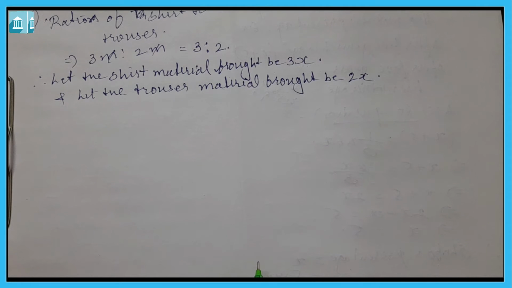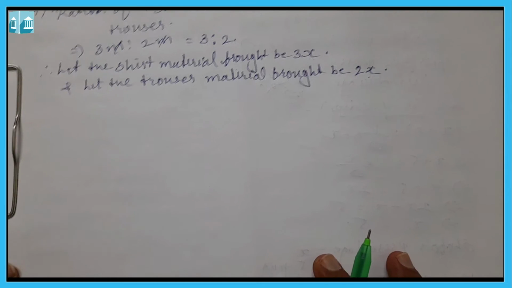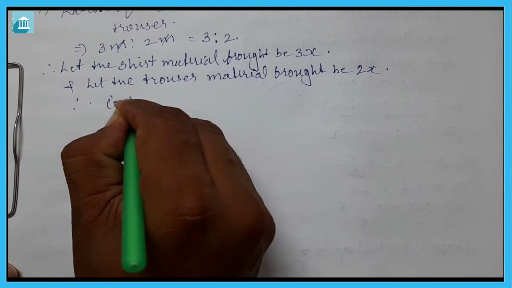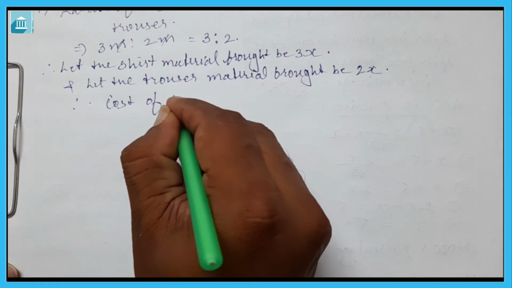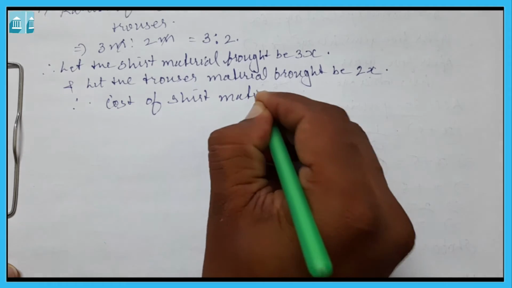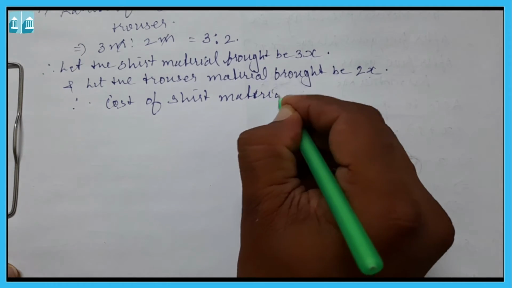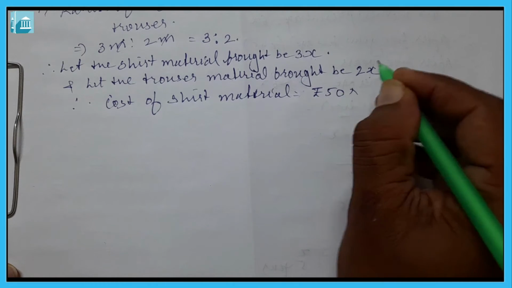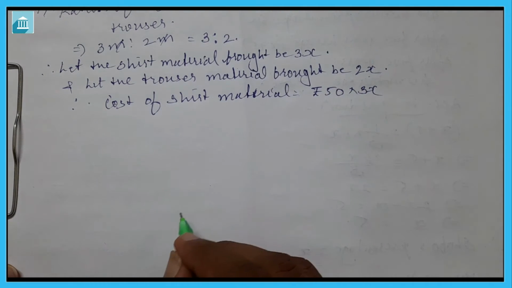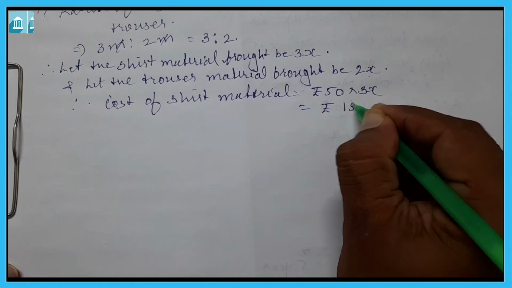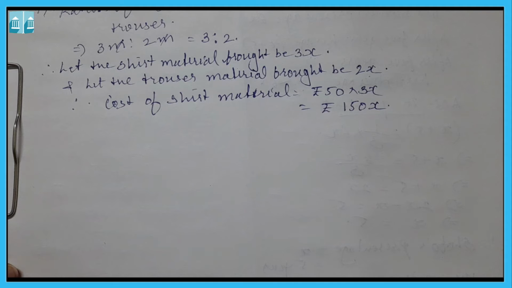Now it is given that the cost of shirt is rupees 50 per meter. So the cost of shirt material is equal to rupees 50 into 3x, which is equal to rupees 150x.